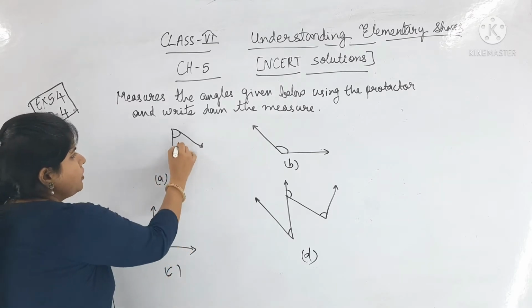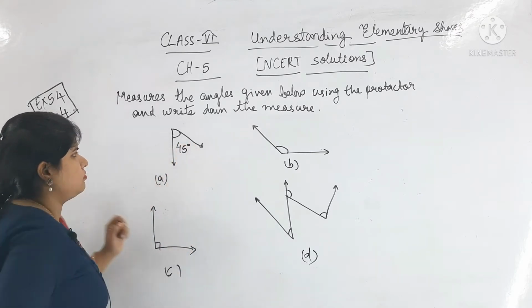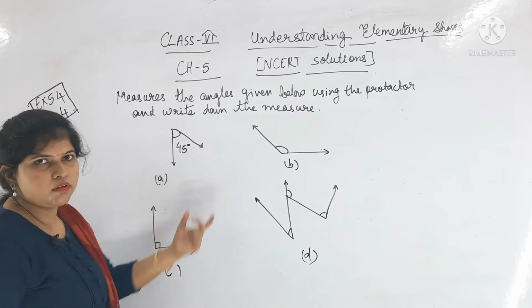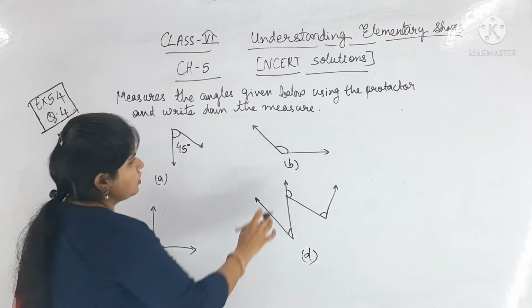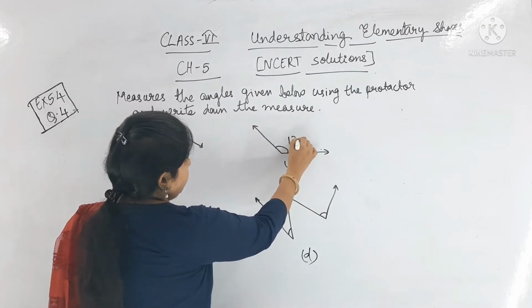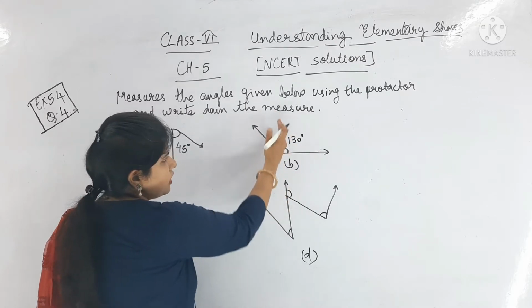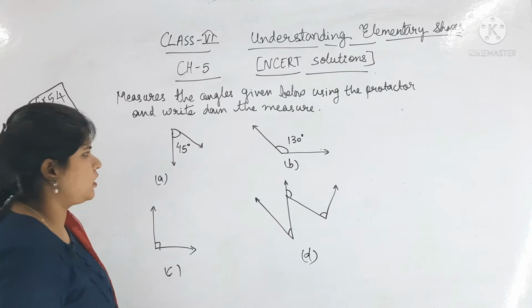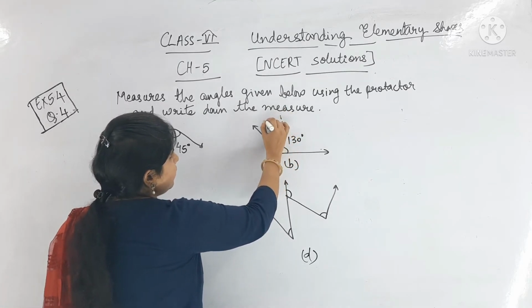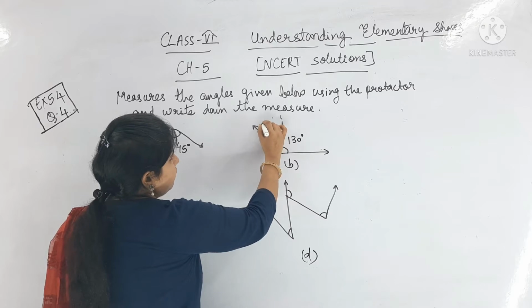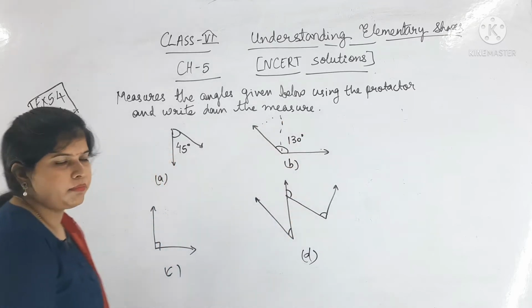By mere observation I am writing; you can take it with the help of the protractor. This is 130 degree, that is an obtuse angle, greater than 90 degree. This is 90, 100, 110, 120 and 130 like this I am taking.